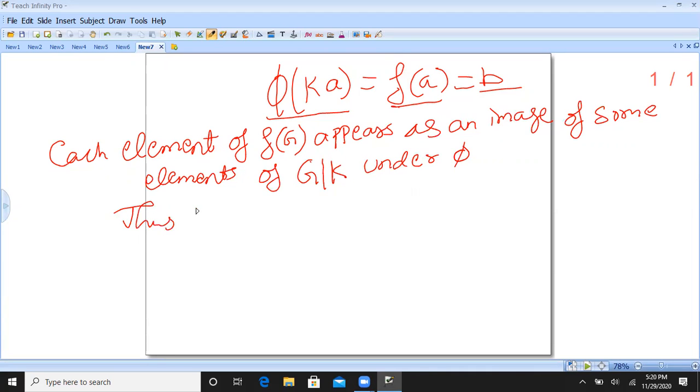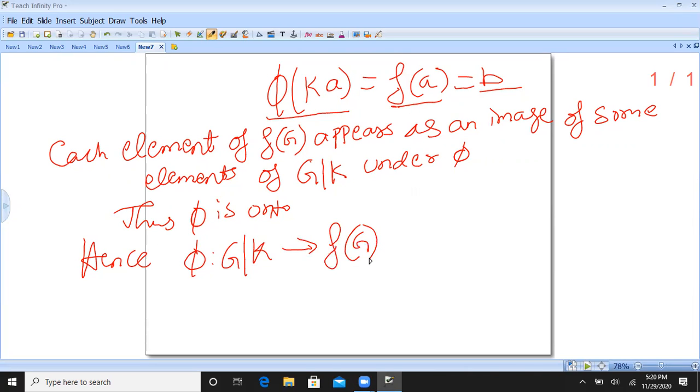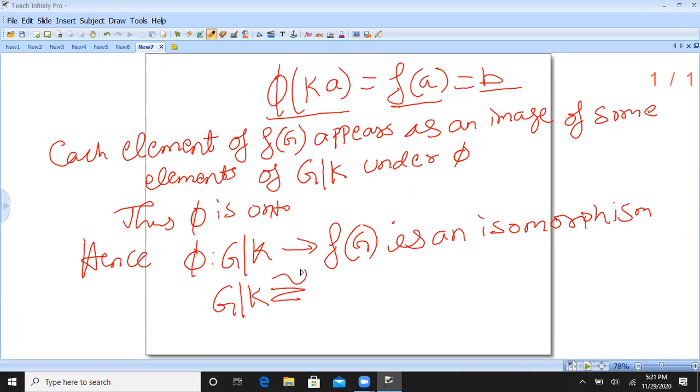Thus phi is an onto mapping. Hence we can say that phi colon G by K implies f of G is isomorphic. So G by K directly implies f of G.